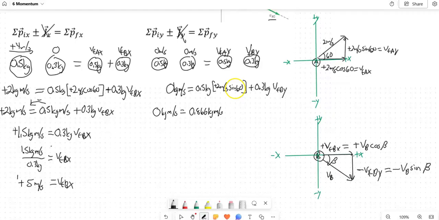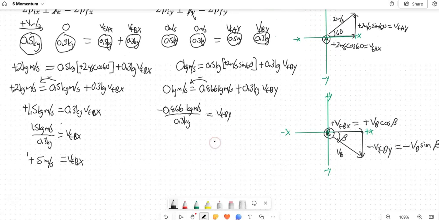So whatever the sine of 60 degrees, which is 0.866, that is the momentum, plus 0.3 kilograms V final BY. We're going to subtract this onto the other side, so negative 0.866 kilogram meters per second. And while I'm here, I'm just going to divide this by 0.3 kilograms. And this is V final B in the y direction.